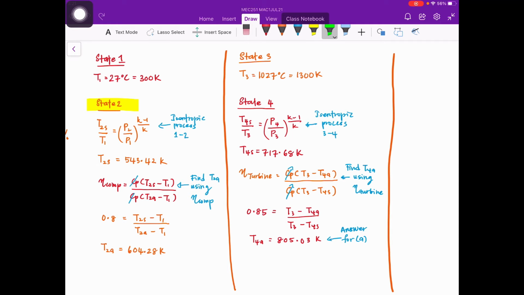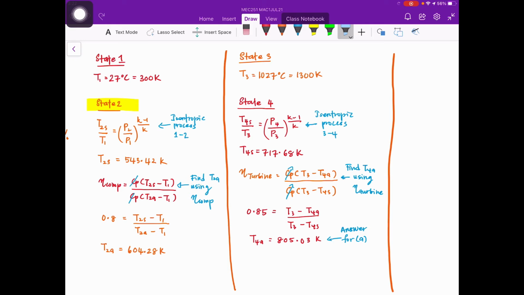Thus, we get the value for T2S equal to 543.42 Kelvin. Since we have the isentropic efficiency for the compressor, we can find the actual temperature for state 2, which is leaving our compressor.